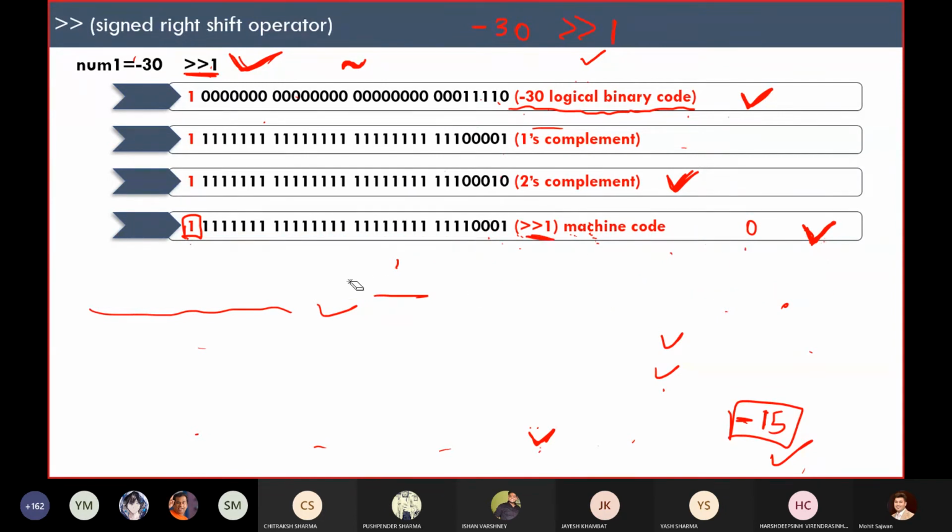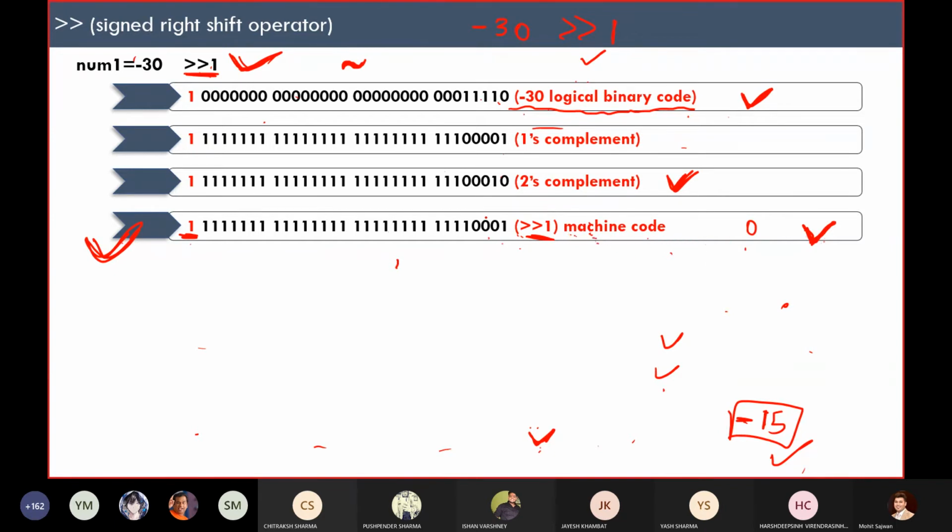Look, after performing this right shift operator we got this result. Okay, we got this result. But now the code which we are getting over here is a machine code, and again you know that for a negative number, machine code is not equal to your logical code.